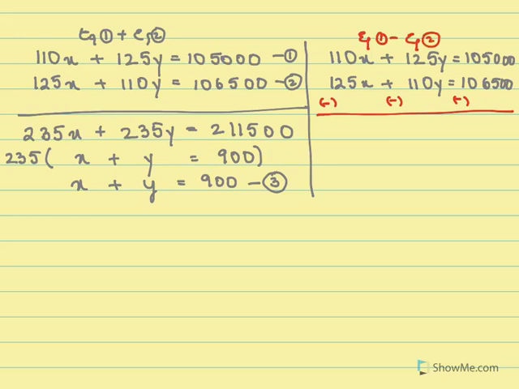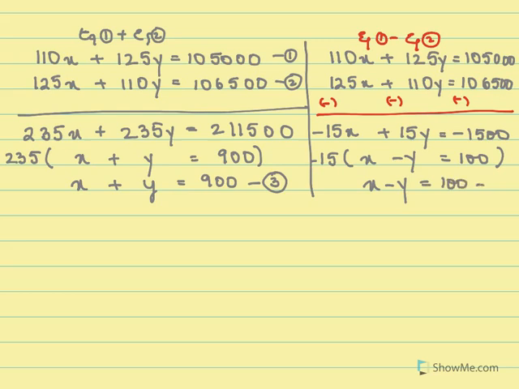And on subtraction, I will get here minus 15x plus 15y equal to minus 1500. So I take minus 15 common out. Dividing by minus 15, this will not be plus, this will be minus, and minus 1500 divided by minus 15 will be 100. So my next equation will be x minus y equal to 100.